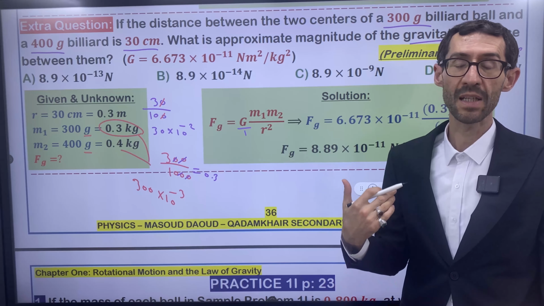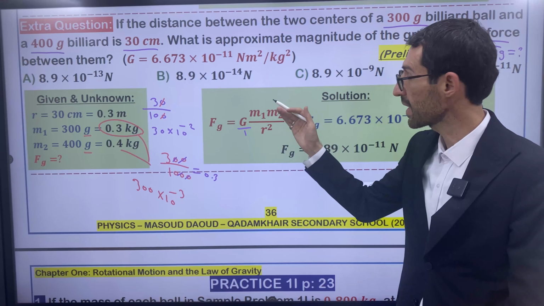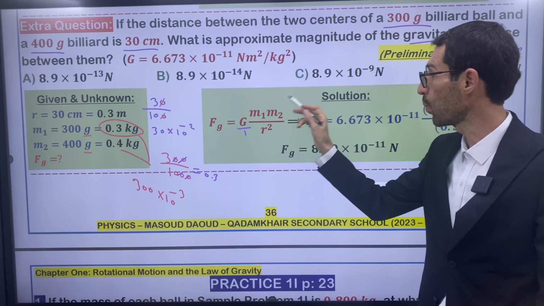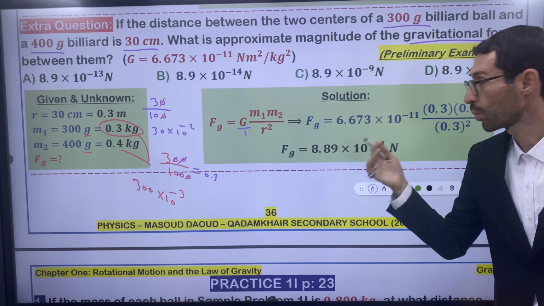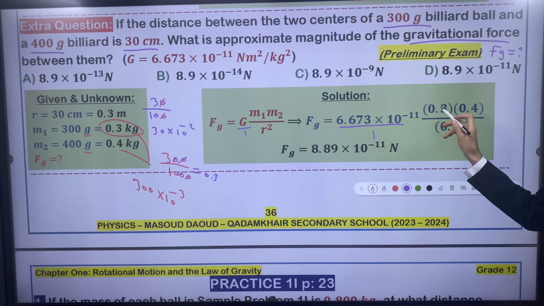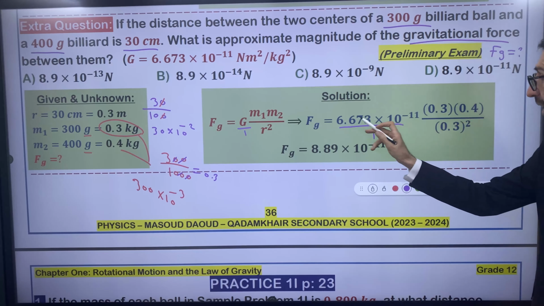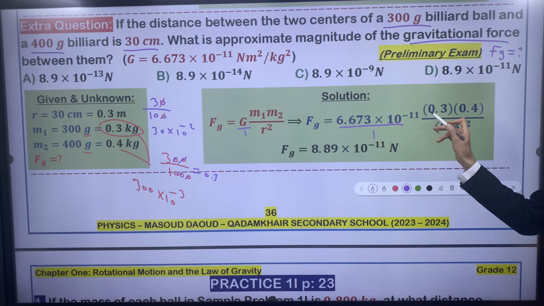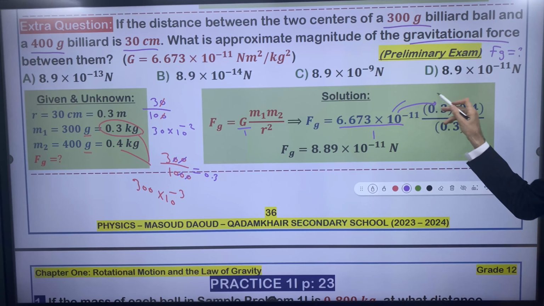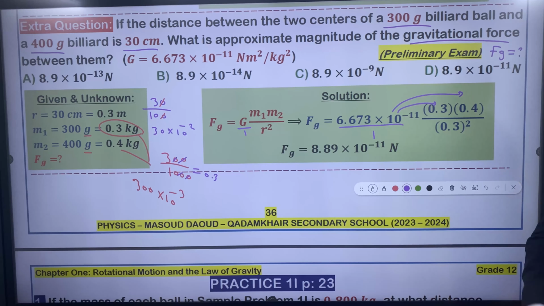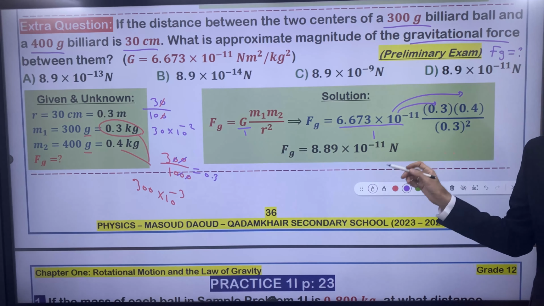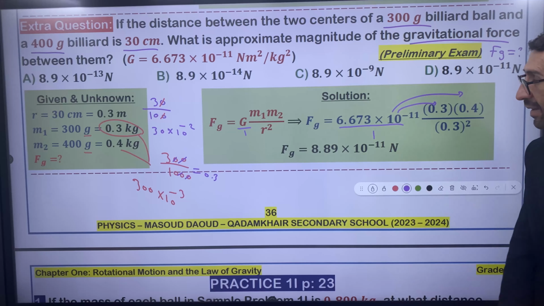For example, x means x over 1, G means G over 1. That's why G comes with M1 and M2. G goes to the numerator, not the denominator. So 6.673 times 10 to the power negative 11, multiplied by 0.3, multiplied by 0.4, divided by 0.3 squared, to find the last answer, which is 8.89 times 10 to the negative 11 Newton, right?